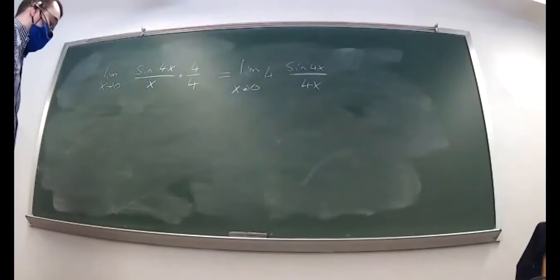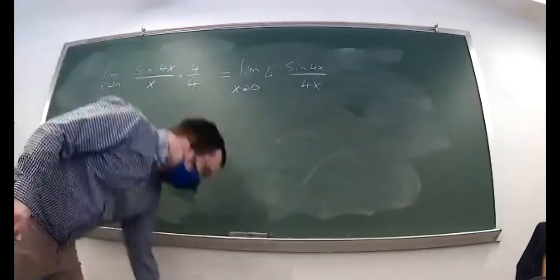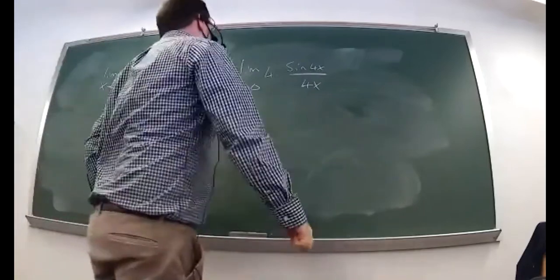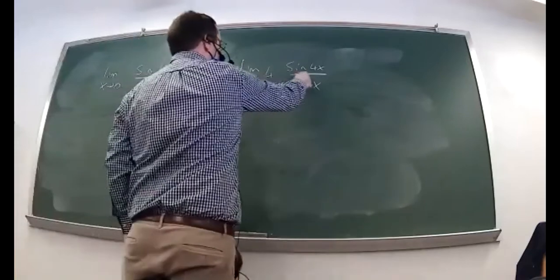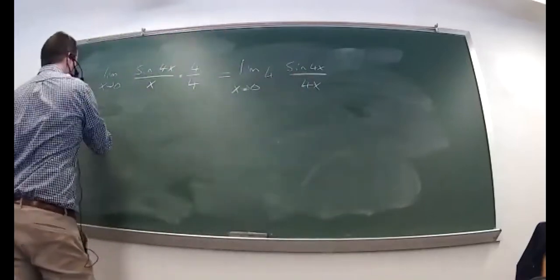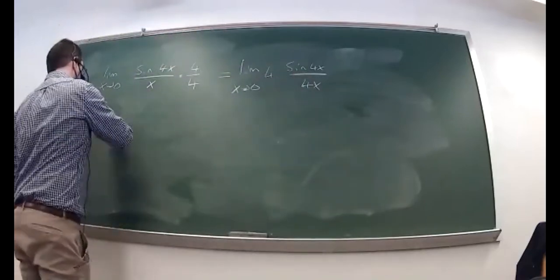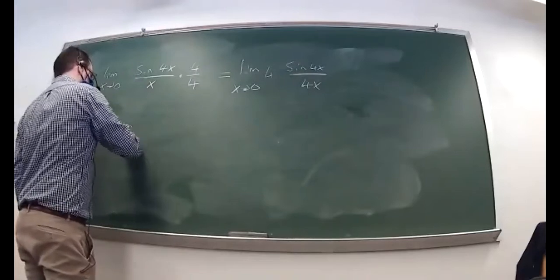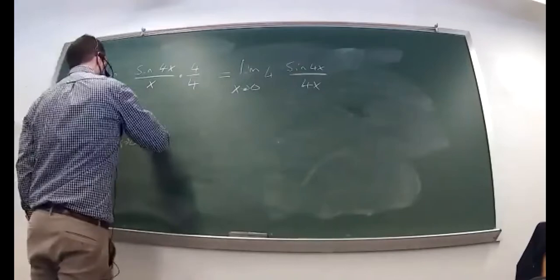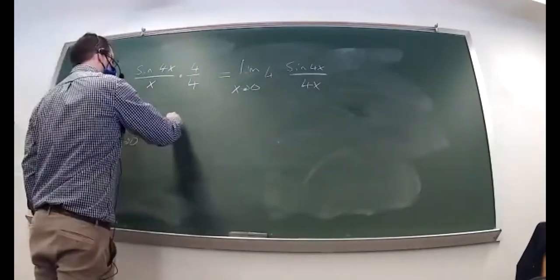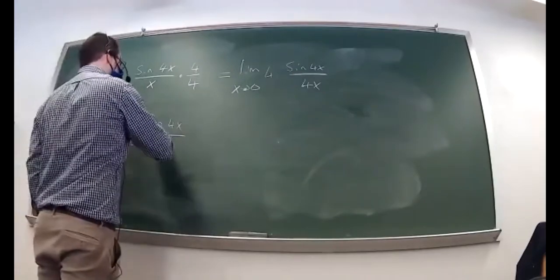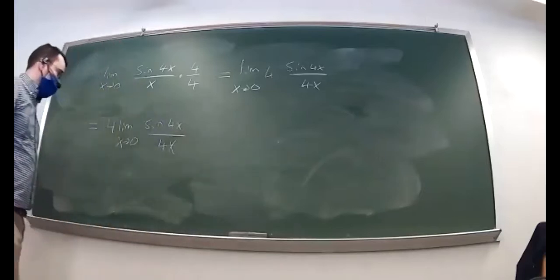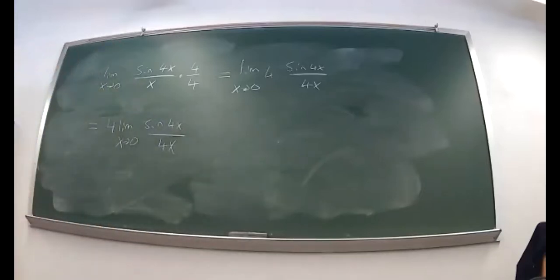And in fact, there's this limit law that says if you've got a limit of a constant times a function, then that's equal to the constant times the limit of the function.